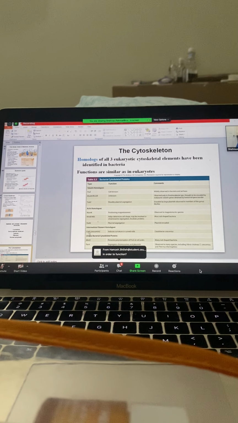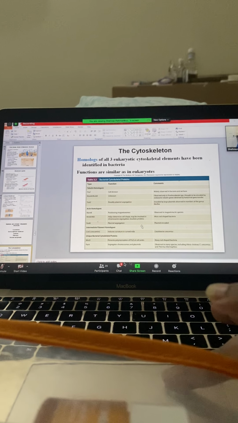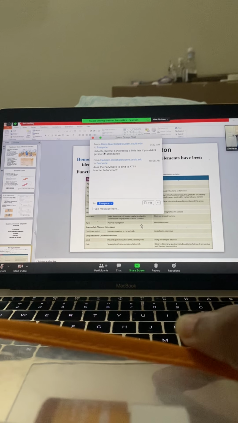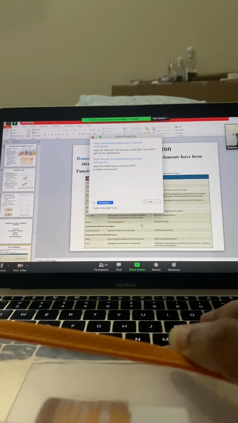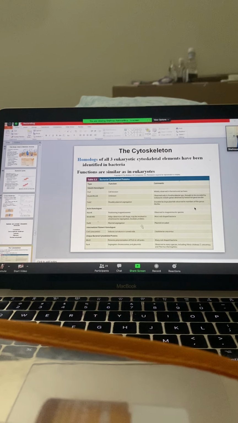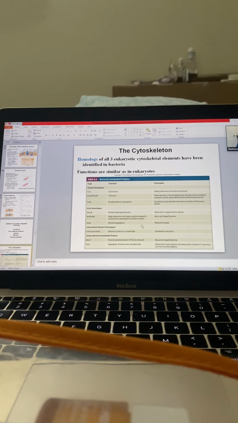If a mutant of CreS was found, this Caulobacter would be a straight rod. Okay, we usually find the functions of any protein by finding mutants in them and seeing what properties are lost. So finding mutants in these homologs allowed us to determine what their function is.